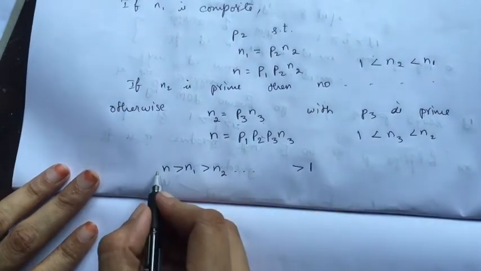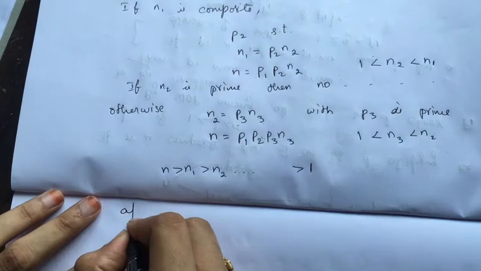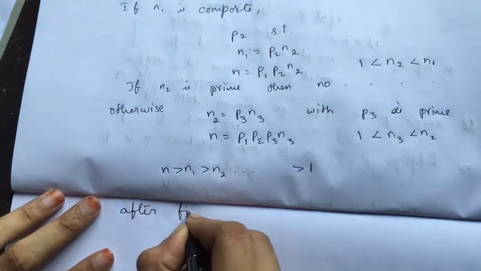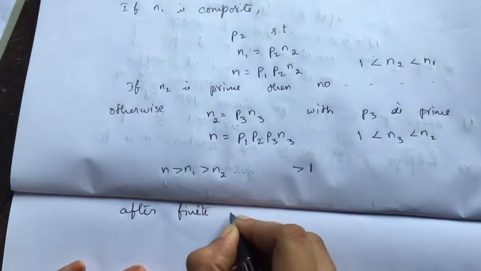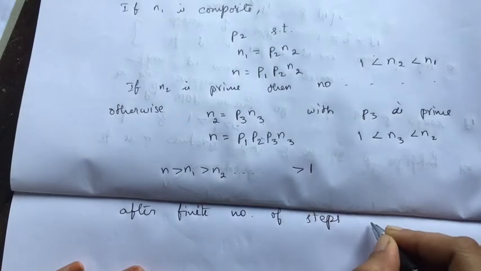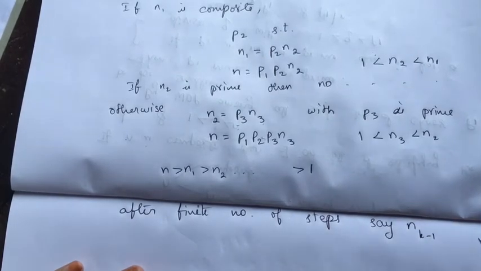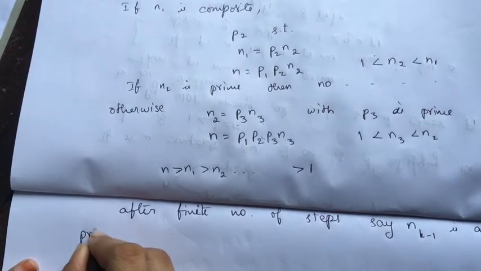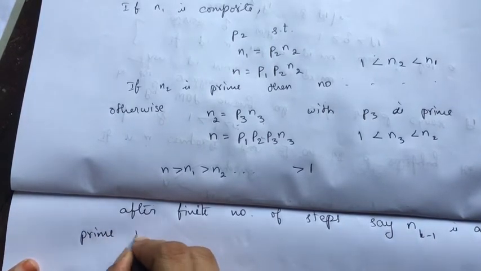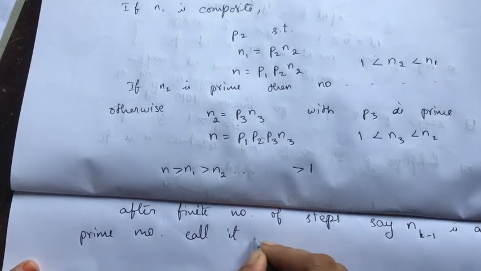Okay, the decreasing sequence. Thus, after finite number of steps, I'll just write it down. After finite number of steps, say nk minus 1 is a prime number. You are getting nk minus 1 as a prime number, and I'll call it as, say, pk.